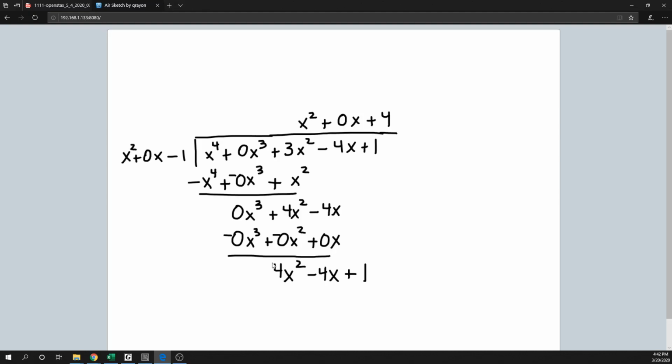And then I am going to distribute. 4 times x squared is 4x squared. 4 times 0x is 0x. 4 times minus 1 is minus 4. Next, I'm going to subtract. So change all the signs and add. So when I do that, I get these drop out like they always do, and then minus 4x plus 5.